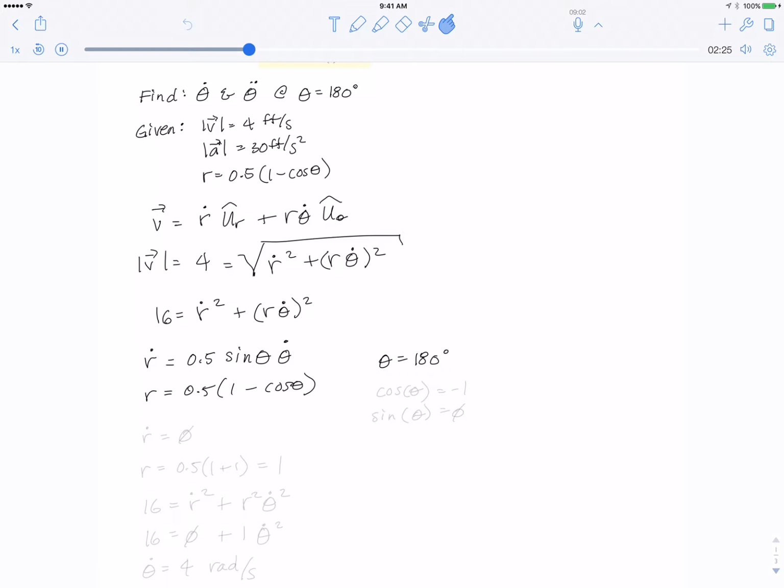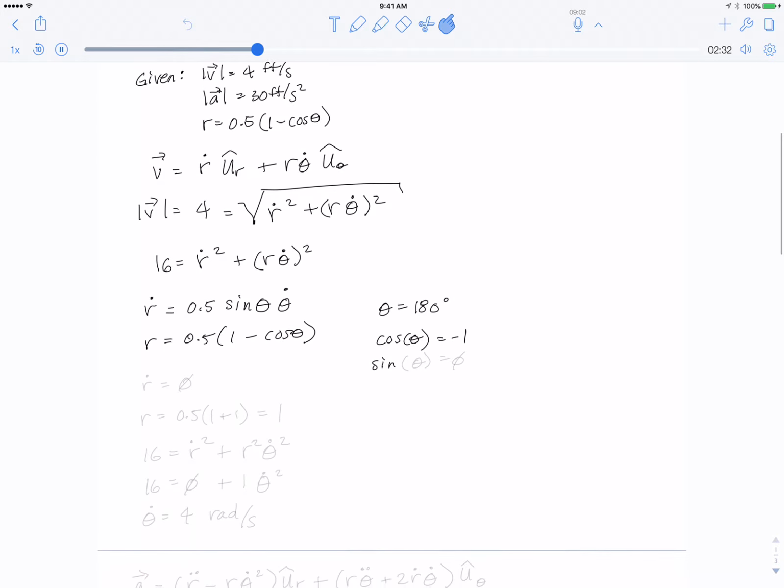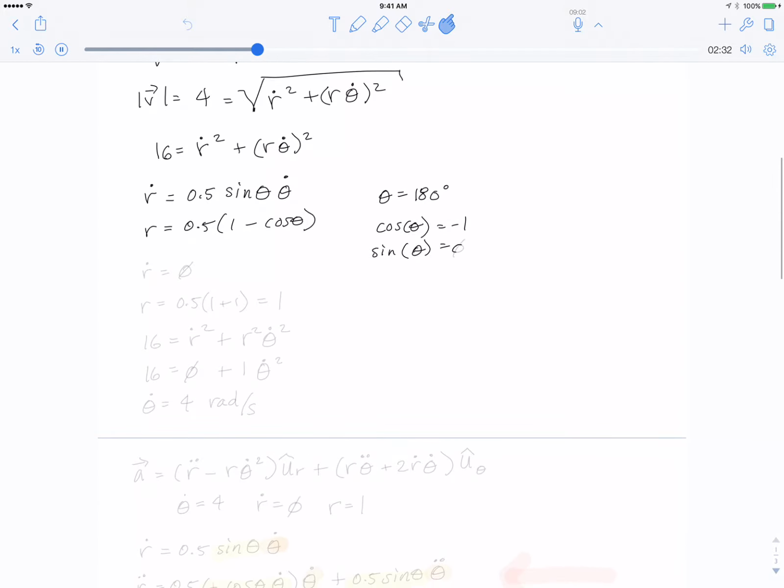Okay. So cosine of 180 degrees is minus 1, and sine of 180 degrees is 0. So we know that r dot, interestingly, is going to be 0, and r is going to be 0.5 times 1 minus minus 1, so plus 1. The radius will actually be 1.